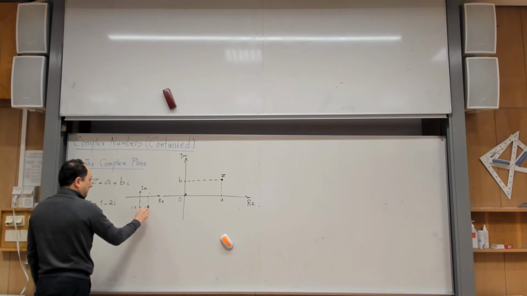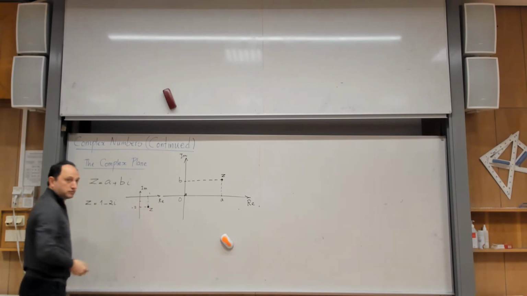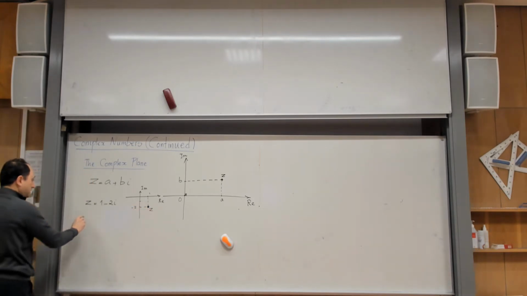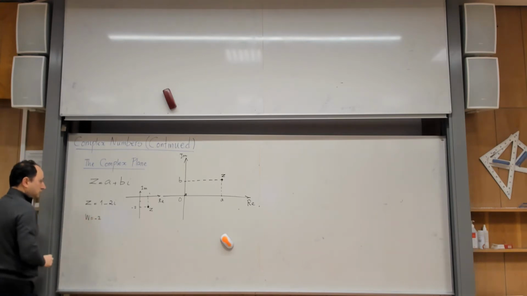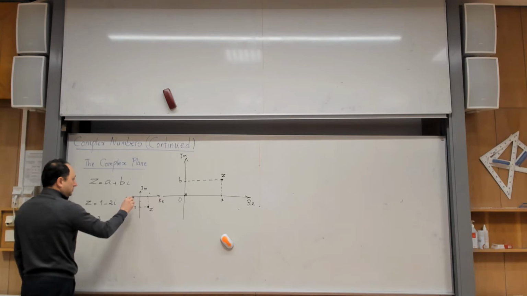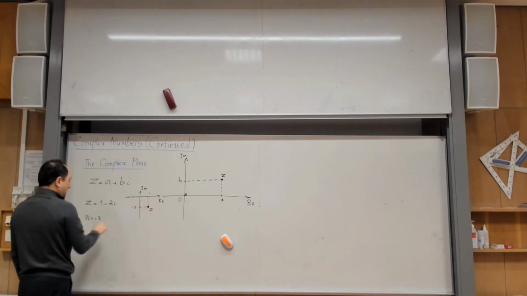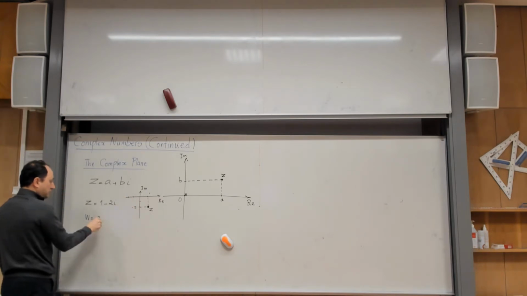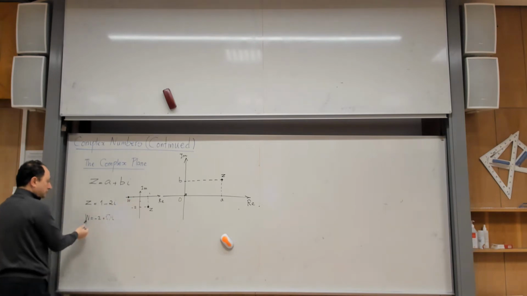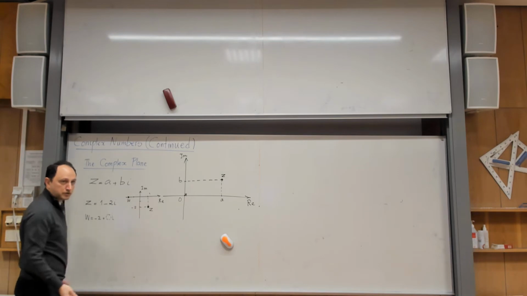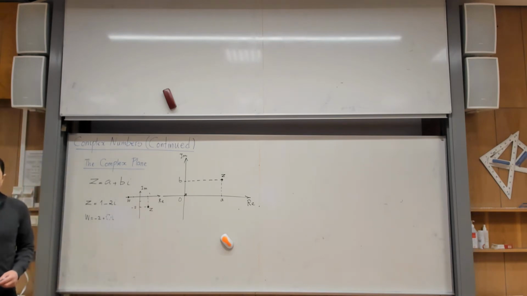So this point is your z. If I say w is negative 2, you go 2 units to the left, since the real part is minus 2 and the imaginary part is actually 0. So every complex number can be viewed as a point on the complex plane. That's a very simple idea, yes?